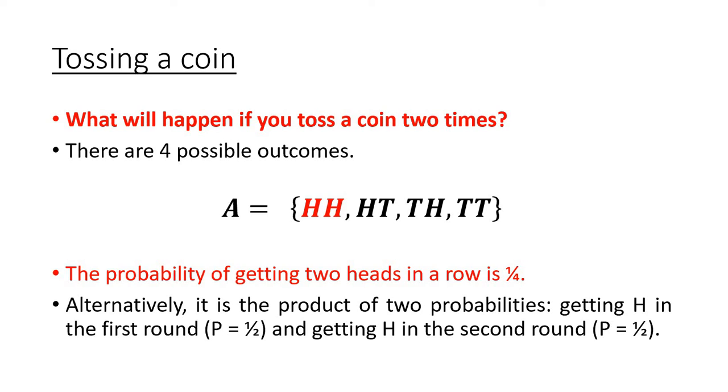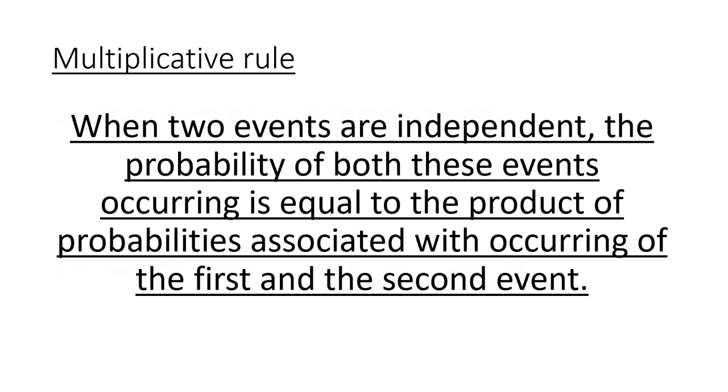Alternatively, you could notice that probability of getting 2 heads in a row, 1/4, is equal to probability of getting head in the first round and getting head in the second round. And here is how we can derive the multiplicative rule.